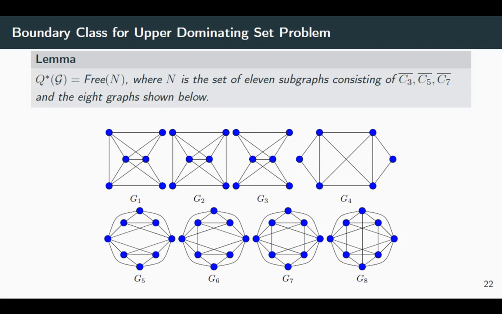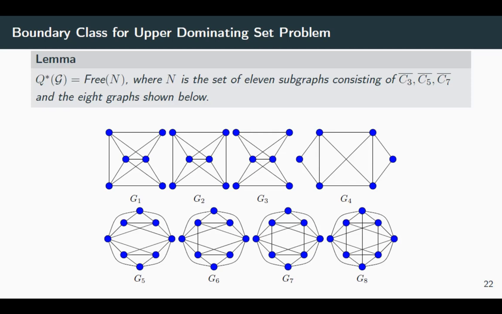So these are 3 different graphs, and we have 8 more graphs here. This is a claim that the hereditary closure of Q graphs of all simple graphs is free of all of these graphs. So if I take any undirected simple graph and find Q star of that, then that graph will be free of all of these graphs.